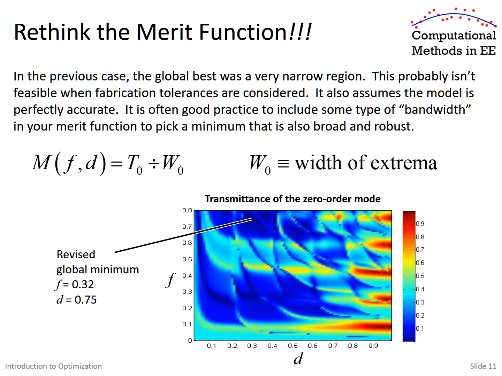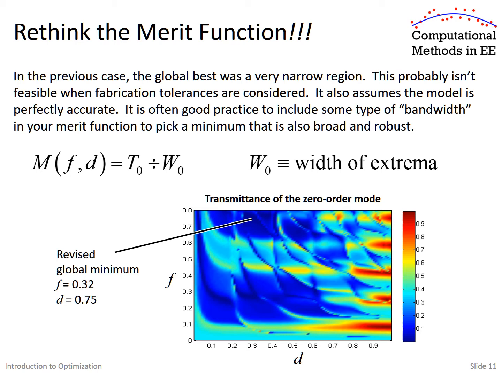But any little deviation in our f and d values will throw that off and our device won't work anymore. However, if we look at this local best, that has a much wider region of dark blue. So we could have some errors in our values of f and d that happen in manufacturing, and our device will still work pretty good.